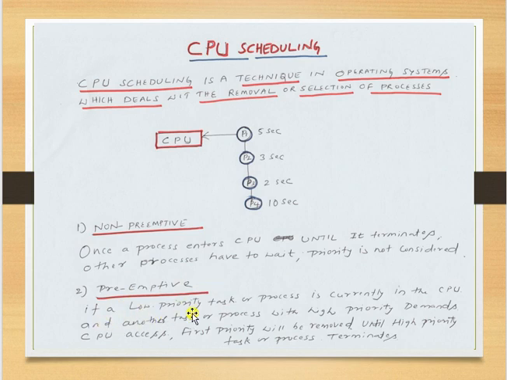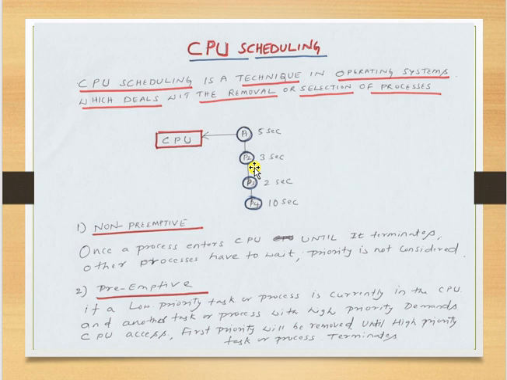If a low priority task, I assume P1 is a low priority task, is currently in the CPU. As I showed you, P1 is being executed in the CPU. It is considered to be low priority, and another task or process, which is P2, comes with high priority.